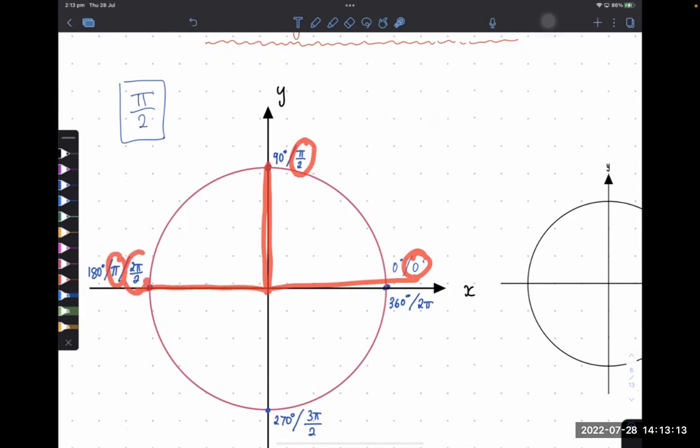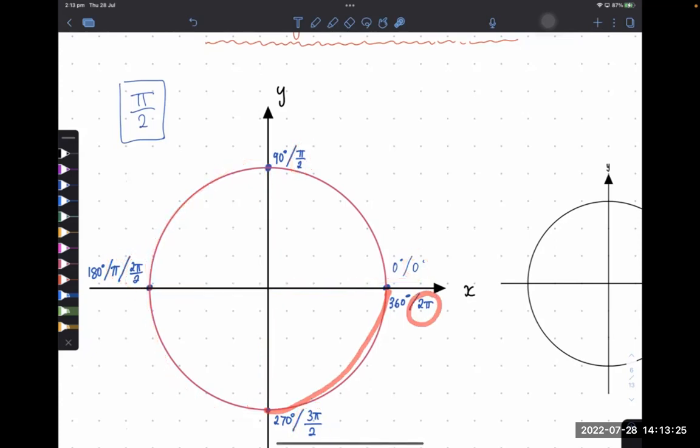This is pi, which is the same as 2 pi on 2. If we go up to this point here, that's 3 pi on 2. And if we go all the way, this is 2 pi, or how do we express it as a fraction over 2? That would be expressed as 4 pi on 2.